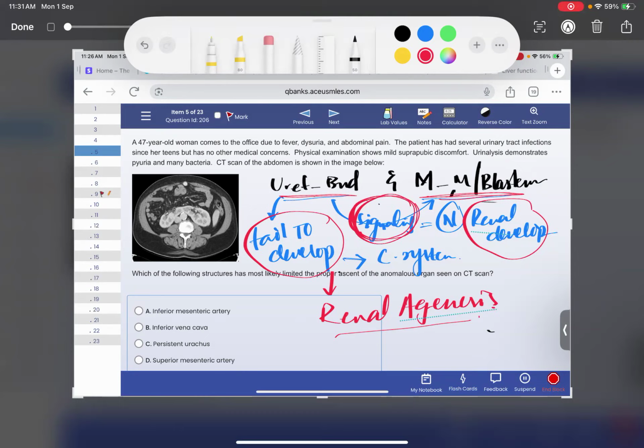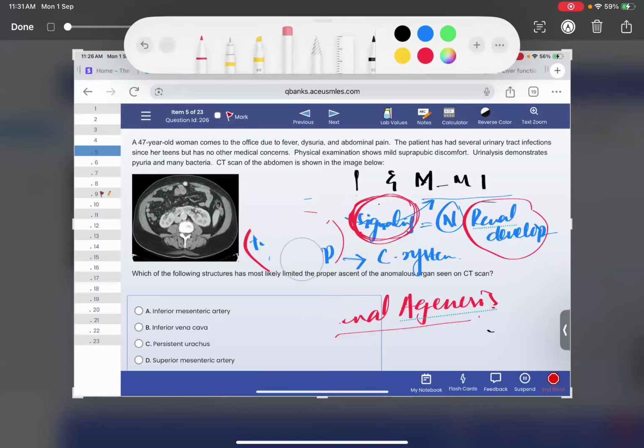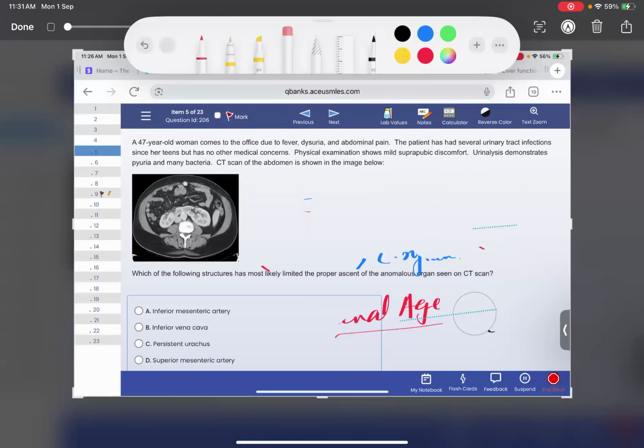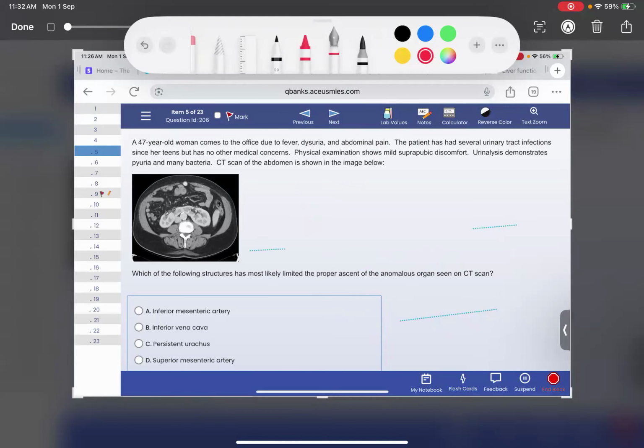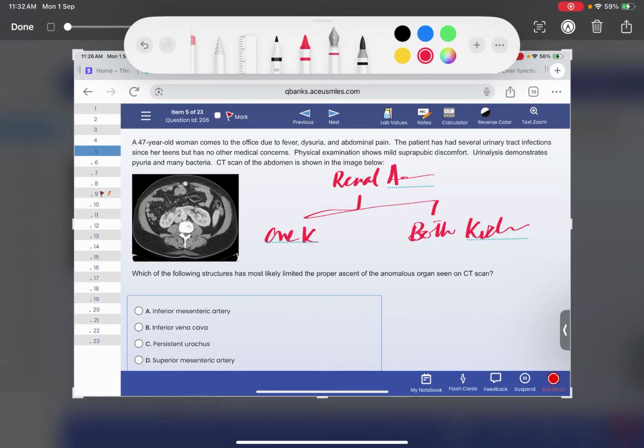It won't be able to signal the mesenchyme, so we will have renal agenesis. Either one kidney is missing or both. Both conditions are possible.